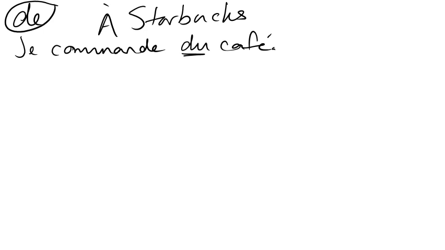Now, if somebody asks me how many or how much at Starbucks, they would use the term combien de. Notice though, this is de. So even if it's café or de l'eau or if it's poisson, it doesn't matter. It's always combien de, c'est tout.